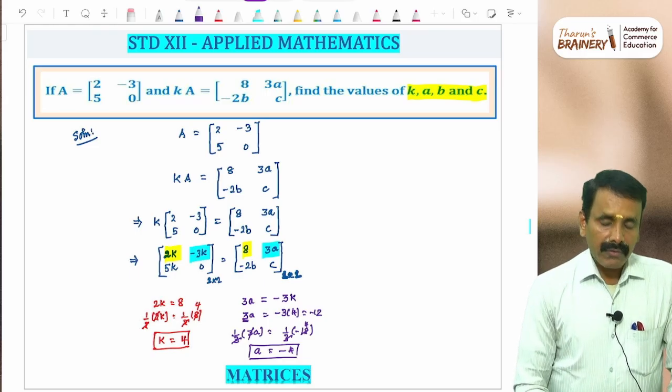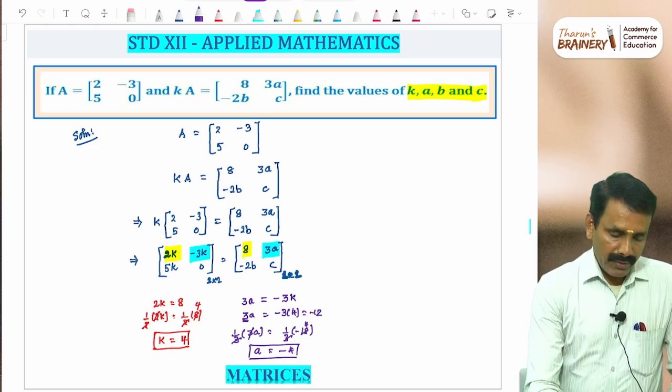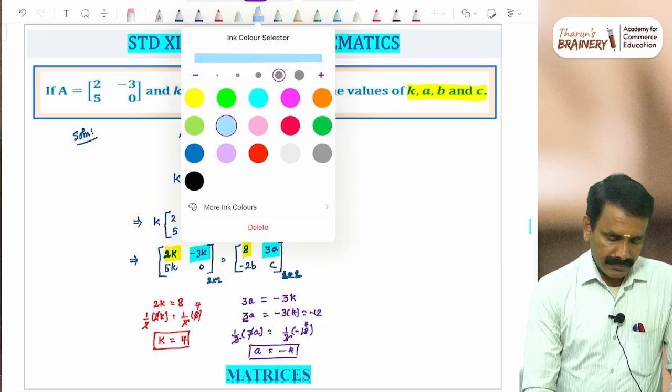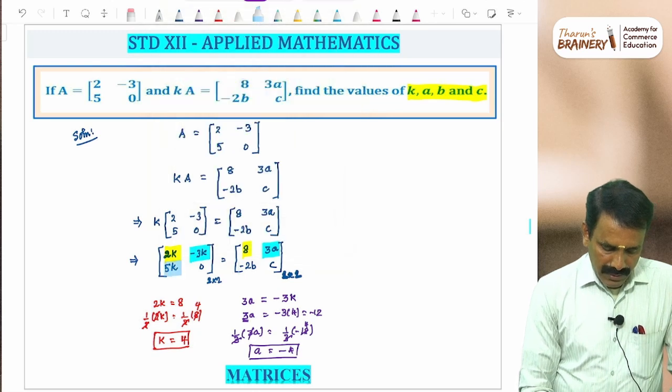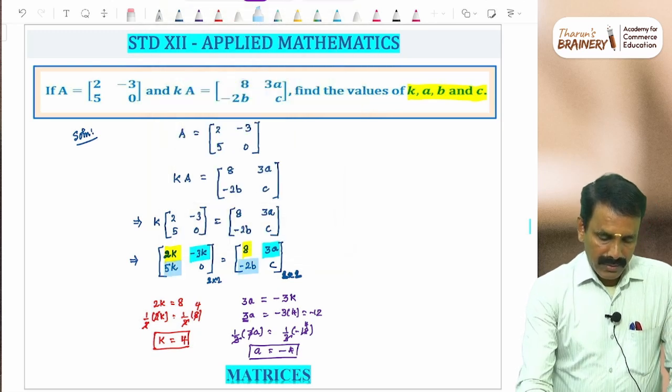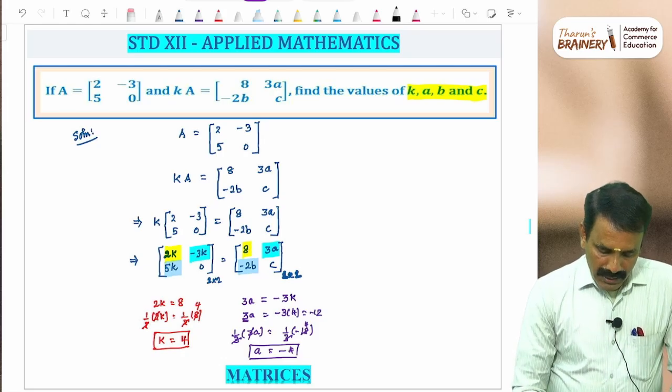Next, we have to get the value for b now. So we again compare the corresponding elements. The corresponding element in the second row, first column will be -2b. -2b is equal to 5k. So, -2b is equal to 5 into k value, which is 4.